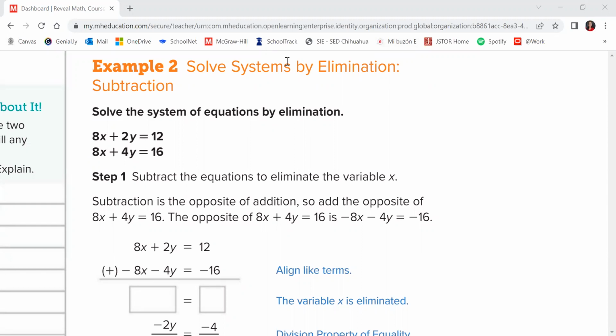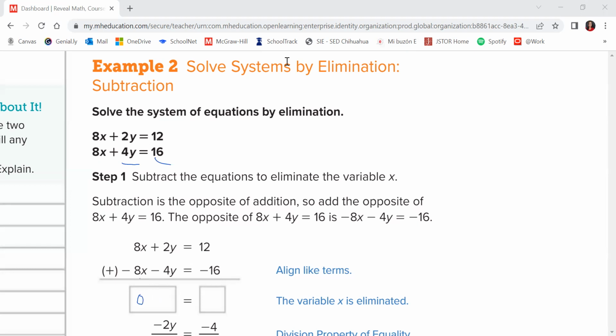So 8x minus 8x is 0, right? And if you see, we flip the signs of all of them, okay? This one was positive 8x, now it's negative 8x. This was positive 4y, now it's negative 4y. This was positive 16, now it's negative 16. So 2y minus 4y is negative 2y.